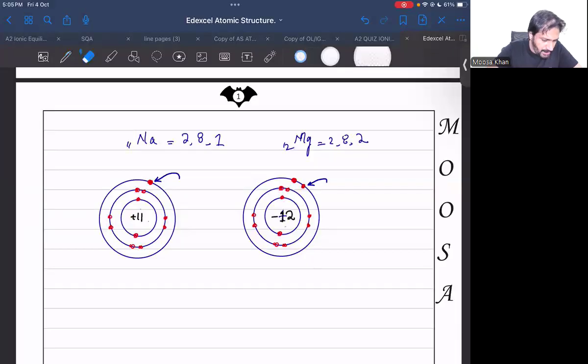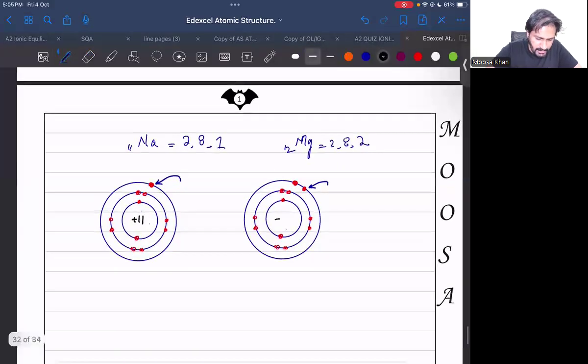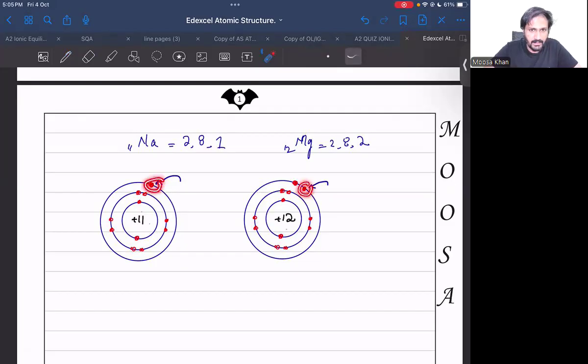So which nucleus is exerting a greater force over its electrons? Is it sodium or magnesium? Magnesium, right? So would it be easier to remove the electron of magnesium or sodium? For sodium, it would be easier to remove the electron, right? Why? Because it has a weaker nuclear charge as compared to magnesium.